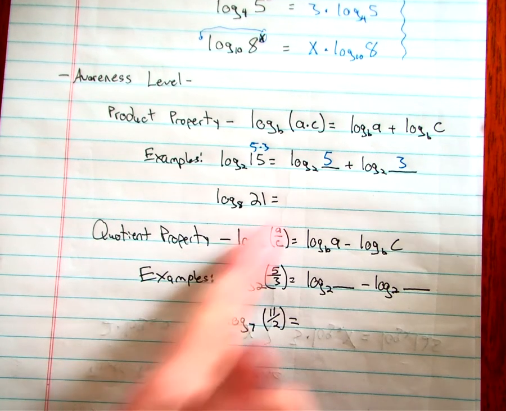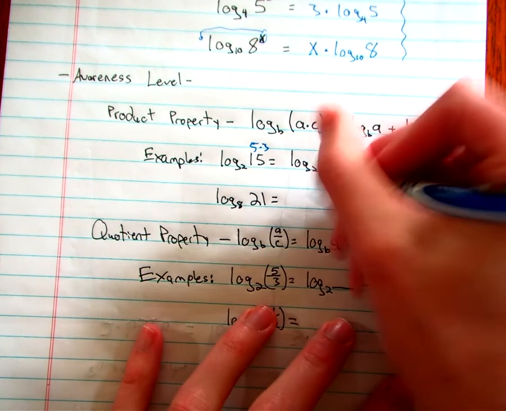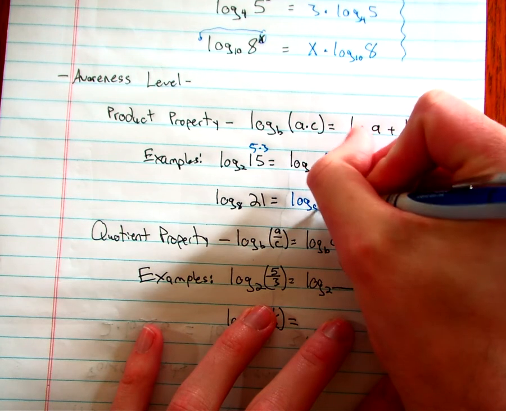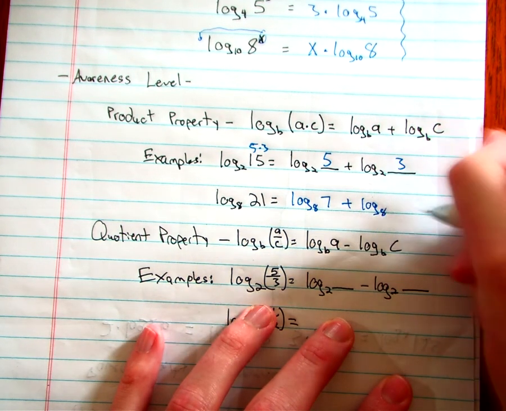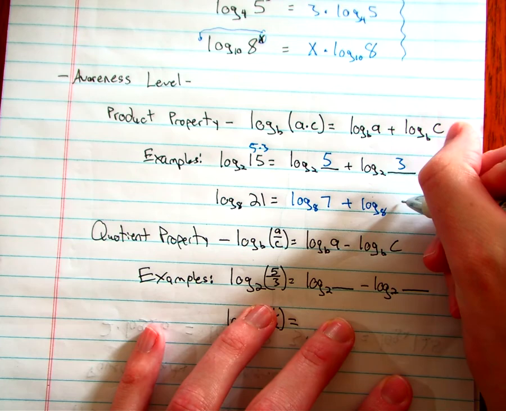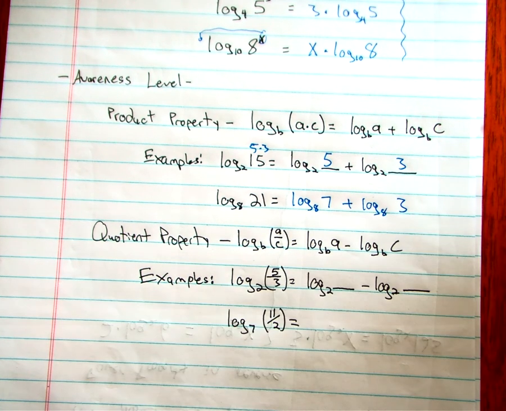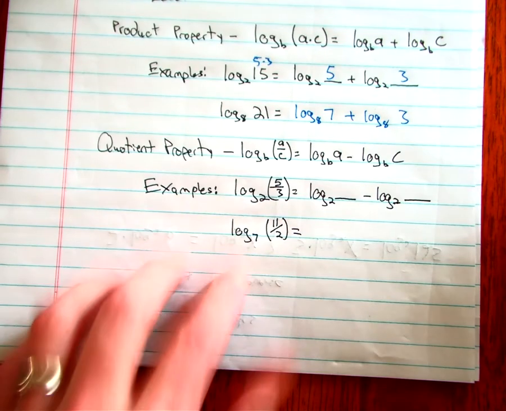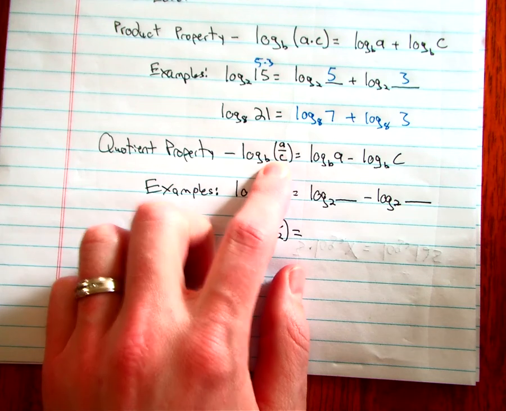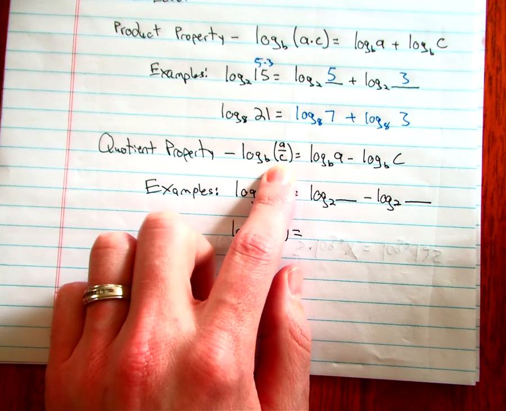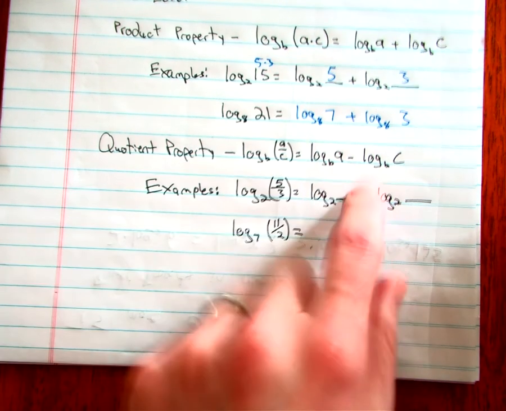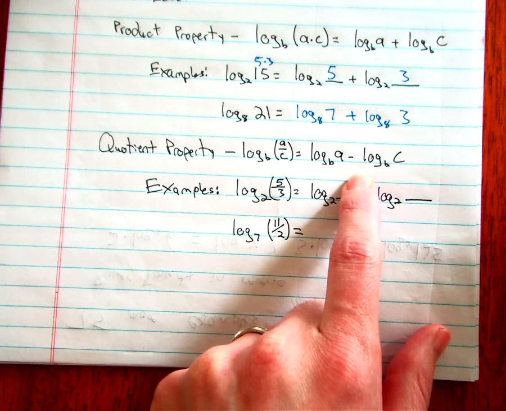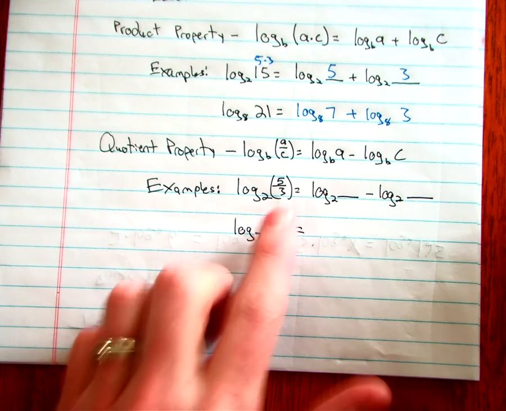Can you think about how this would go with 21? Log base 8 of 21. We could go log base 8 of 7 plus log base 8 of, well, 3 again, huh? Quotient property: if we have log base b of a divided by c, if we used addition to separate multiplication, it just makes sense that we'll use subtraction to split those up.